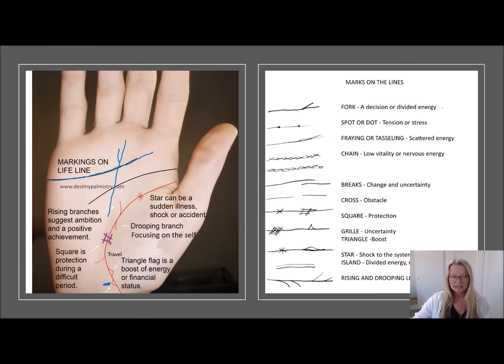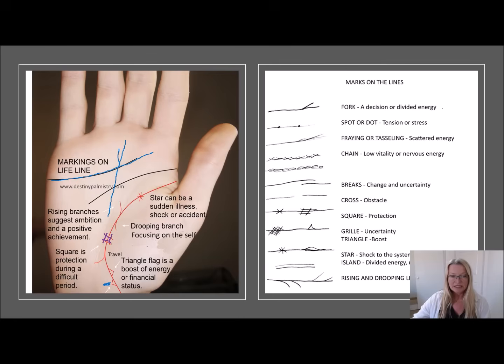A star is made up of its own lines, and that is still a temporary obstacle. It can be something that comes suddenly, like some kind of accident or illness. But because the line continues, it means it is also a temporary experience.